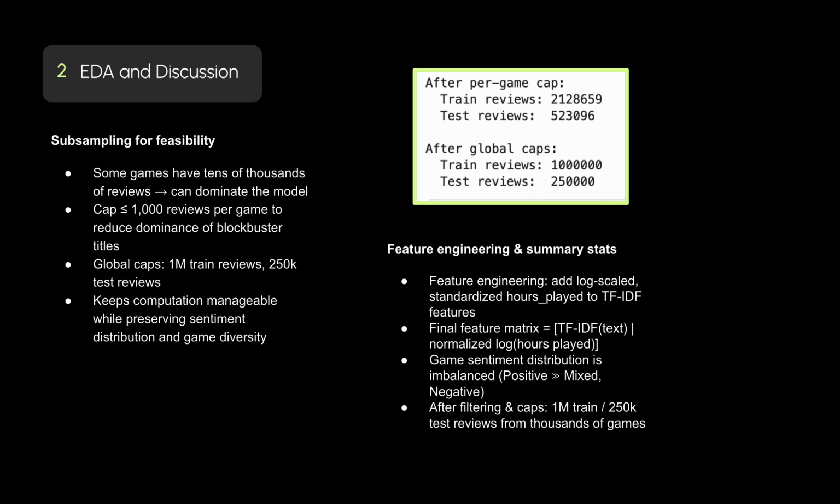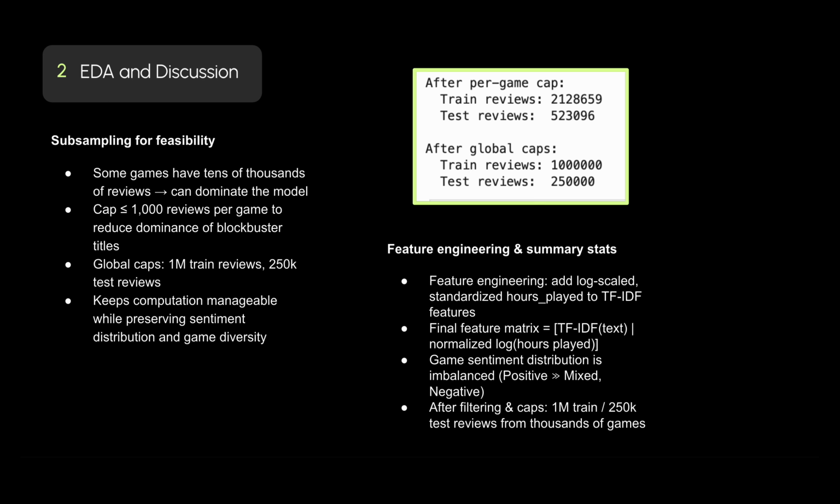Now, in terms of subsampling, purely for feasibility, since it's such a large data set, with some games having tens of thousands of reviews, to keep computation feasible and to prevent just very popular titles from dominating the model training, I capped the reviews per game at 1,000. I capped total reviews at 1 million for training and 250,000 for testing.